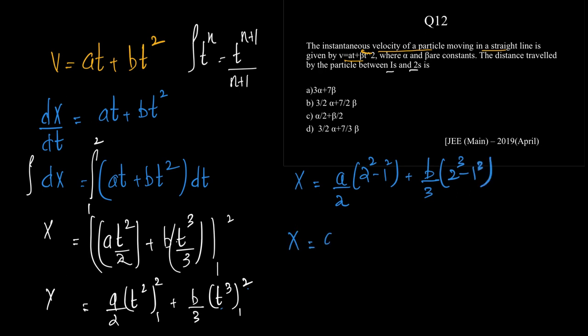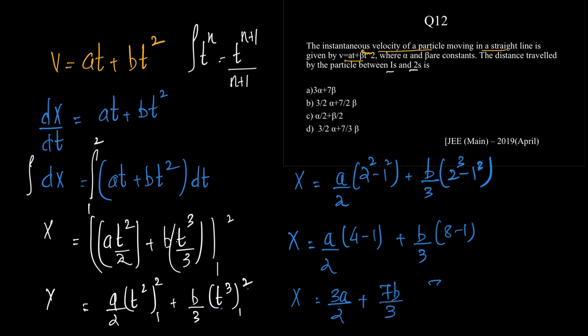So x is equal to a by 2 into 4 minus 1 plus b by 3 into 8 minus 1. So x is 3a by 2 plus 7b by 3, which is 3 alpha by 2 plus 7 beta by 3, option D.